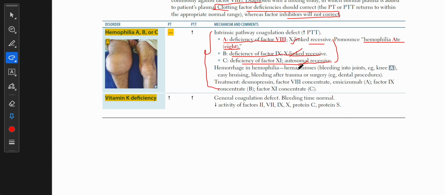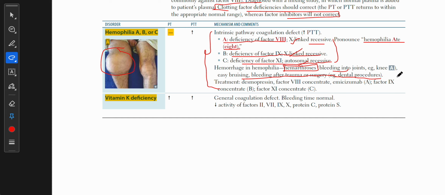So hemorrhage in hemophilia causes hemarthrosis, that is bleeding into joints, or accumulation of blood in joints. So bleeding into joints, for example in the knee, here you can see that is hemarthrosis. Hemarthrosis is a common presenting symptom of hemorrhage in hemophilia if this is severe, and also easy bruising and bleeding after trauma or surgery, for example dental procedures, occur in hemophilia cases.